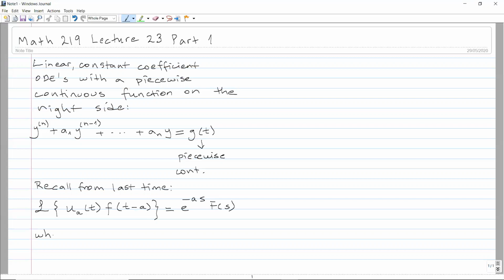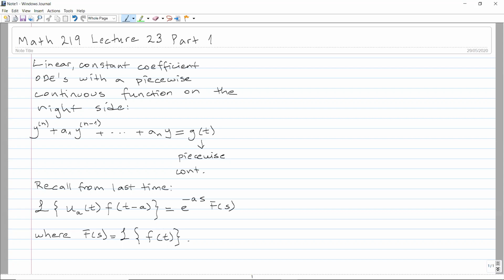What is capital F of s? It's the Laplace transform of the function small f of t. So when you're multiplying with a unit step function at a, you need to shift the function f by a units, and on the other side, in the s universe, when you take the Laplace transform, you don't shift your function.